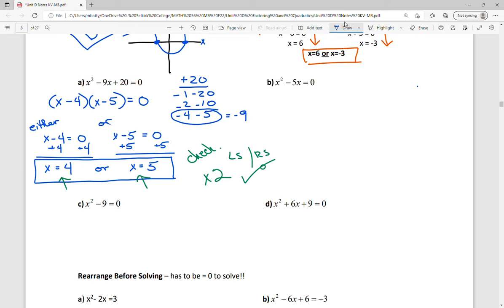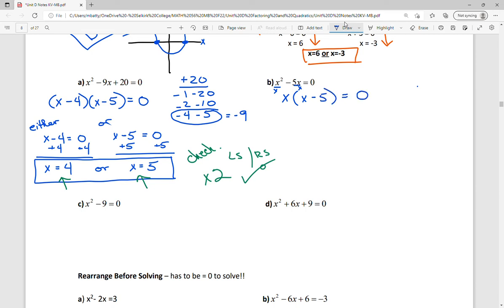So for B, when I take a look at this, I've got two terms. It's not a difference of squares, but there is a greatest common factor here. I could factor an x out of both of these and write what's left over in the brackets.